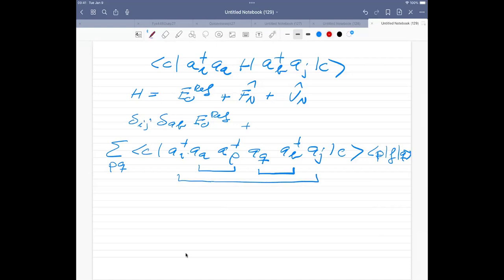The other possibility is that we had AI being contracted with Q, and P being contracted with J, and finally we had the two particle states which then have to be contracted with each other.